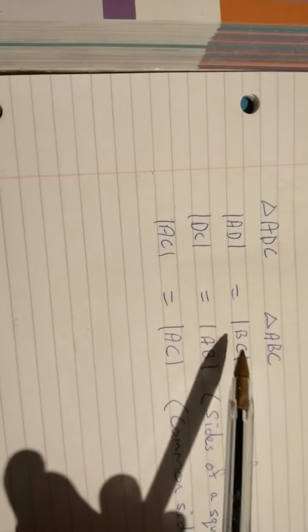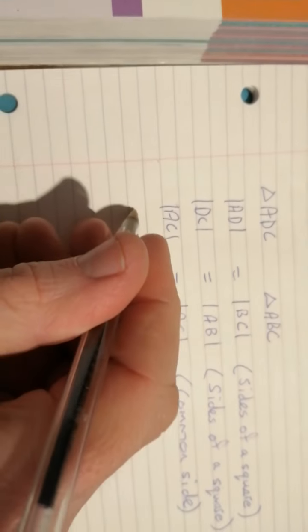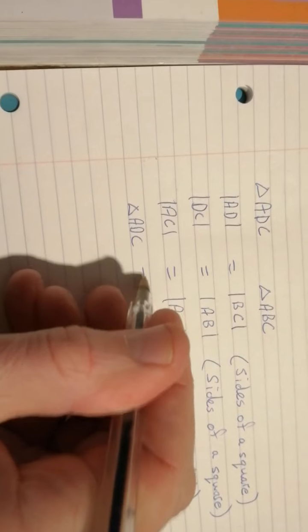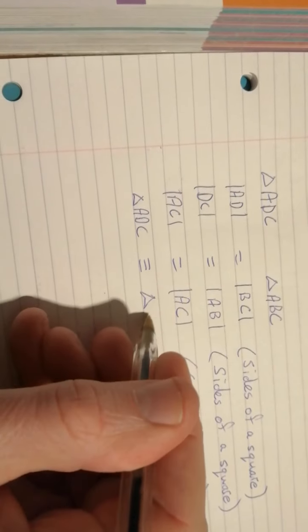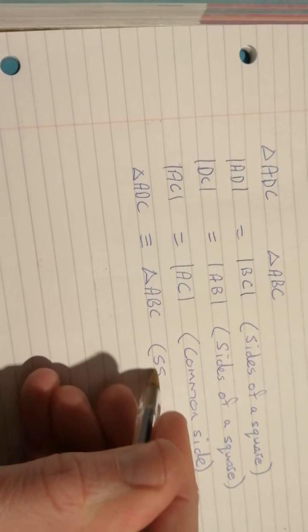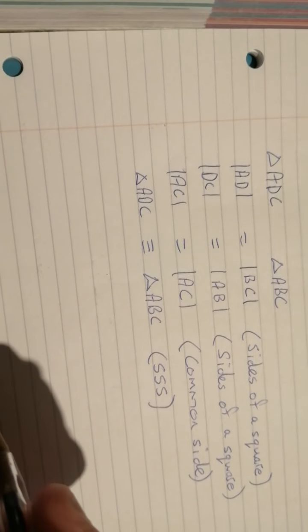And obviously it has to be equal to itself. So since we've proven that a side is equal, a side is equal, a side is equal, then we can say that triangle ADC is congruent to triangle ABC, and in brackets we used side, side, side, SSS.